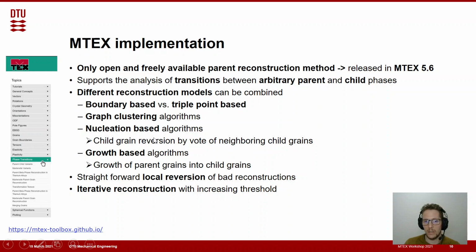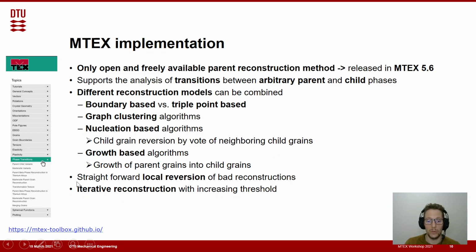Then nucleation-based algorithms, where we can have child grain reversion by vote of neighboring child grains. So that is actually what is in the triple point base, that we can revert our children based on the neighbors that we have around. And we can have growth-based algorithms, where we grow a parent grain into the child grains. So once we maybe have some areas where we know the parent orientation with good confidence, we can then, by a voting mechanism, let those parent grains grow into the child grains.